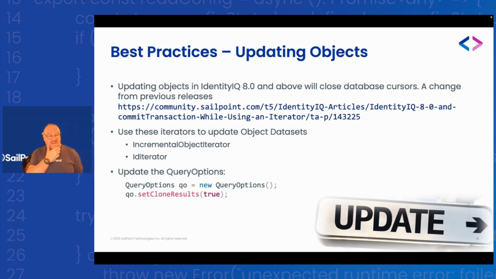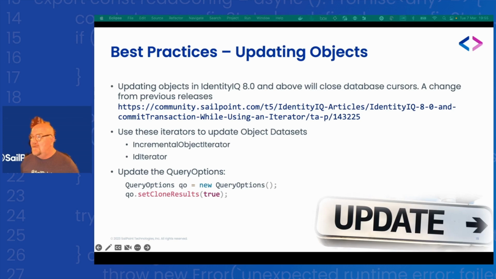So we've got some ways of mitigating it. We've got a couple of new iterators, the incremental object iterator and the ID iterator, so you can use those. I've got some example code, so I'll just stop and have a look at that now.